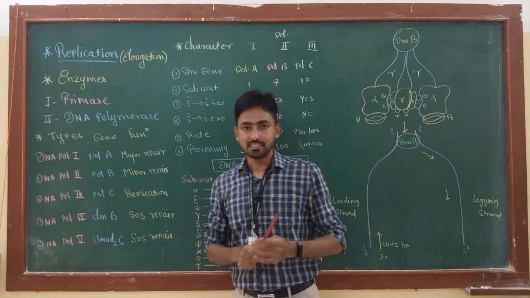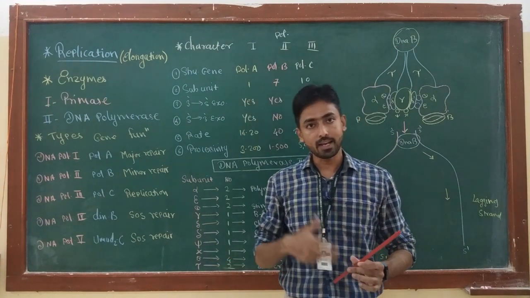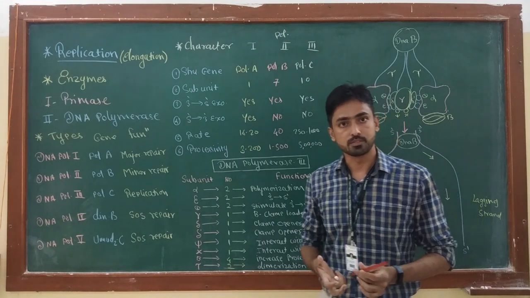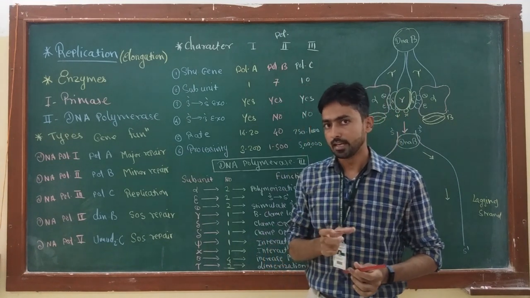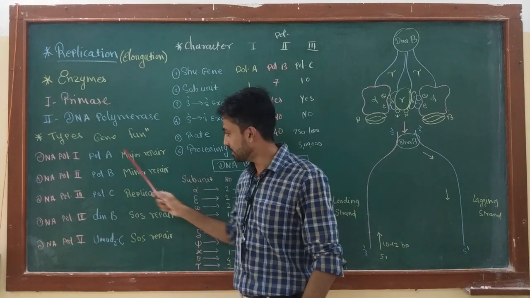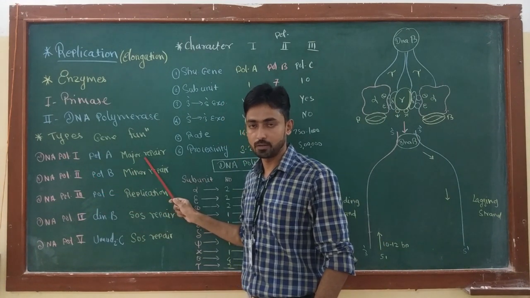We know that inside the prokaryotic cell, the DNA may get damaged due to ultraviolet light or due to unwanted mutations, and this damaged DNA can be repaired by this enzyme, DNA polymerase 1. So this is the major enzyme which is required for DNA repair.